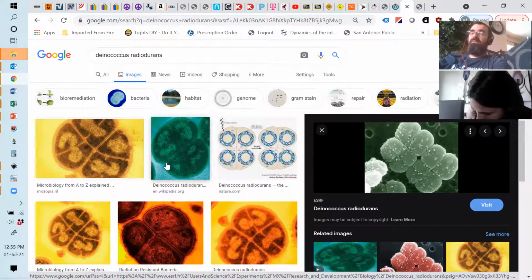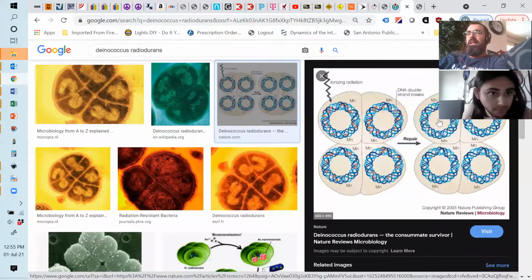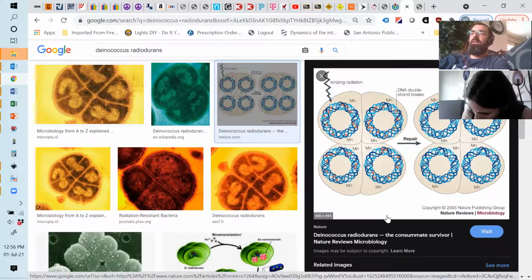I'm not sure if these ones particularly live on uranium, but others that are similar can actually live on uranium as a substrate, which is kind of crazy if you think about that. And it does so because it has multiple copies of its genome at any one time. It's not more resistant to radiation. It just has a much better way of fixing those errors than we do. And it can do that at all times as well. So yeah, this is called Conan the Bacterium.